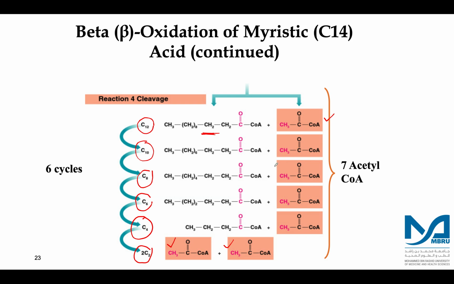So at each step you get a fatty acyl coenzyme A which is less by 2 carbons, but at the last step we will get 2 separate acetyl coenzyme A molecules. So in myristic acid, I have used 6 cycles, but I have produced 7 acetyl coenzyme A molecules.